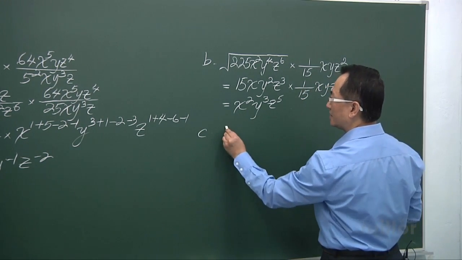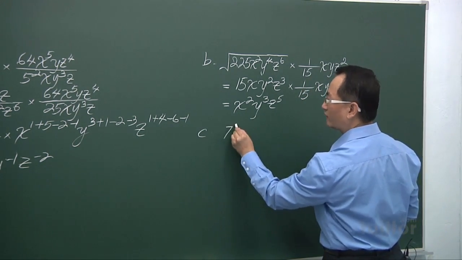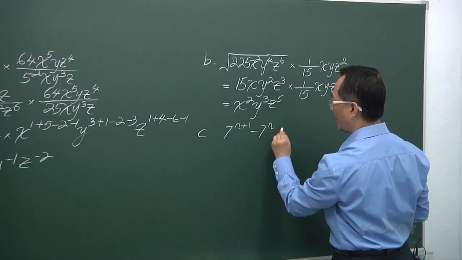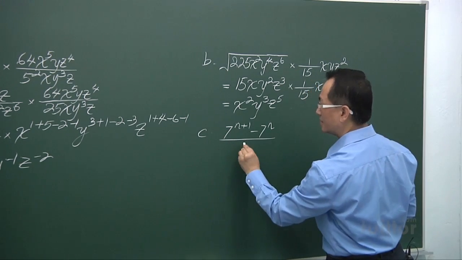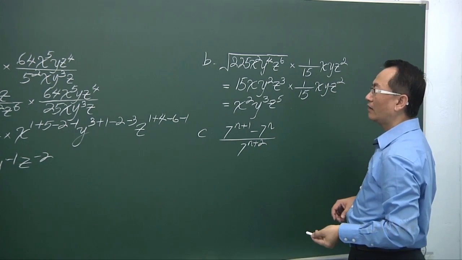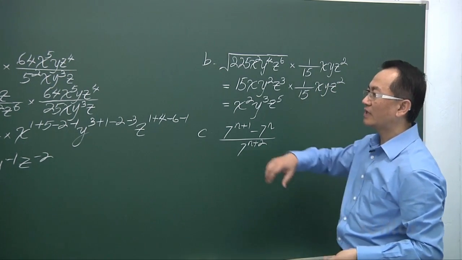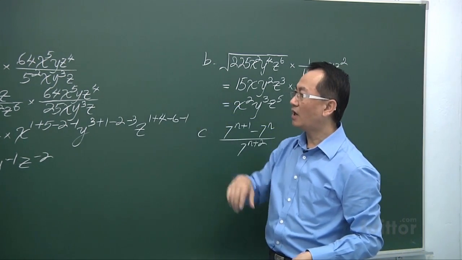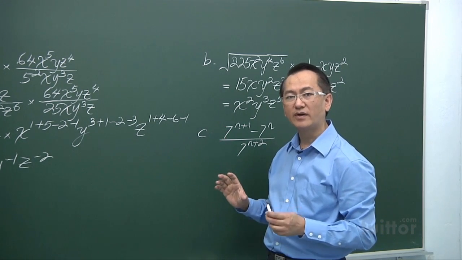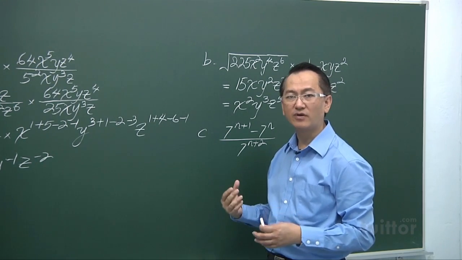C. 7 to the power of n plus 1 minus 7 to the power of n over 7 to the power of n plus 2. So far, in part A, what we have done is we try to separate the numerical part from the variable part.